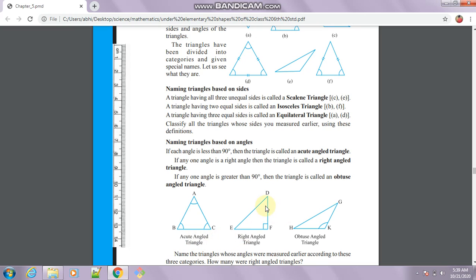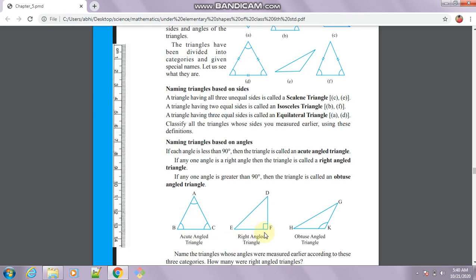Where one of the angles is 90 degrees, it is a right angled triangle. If one of the angles is more than 90 degrees, it is an obtuse angled triangle. You have to know that all these three angles are less than 90 degrees, this is called an acute angled triangle.